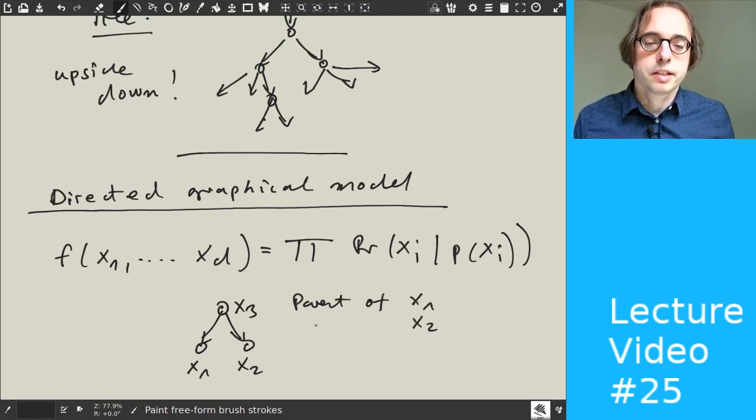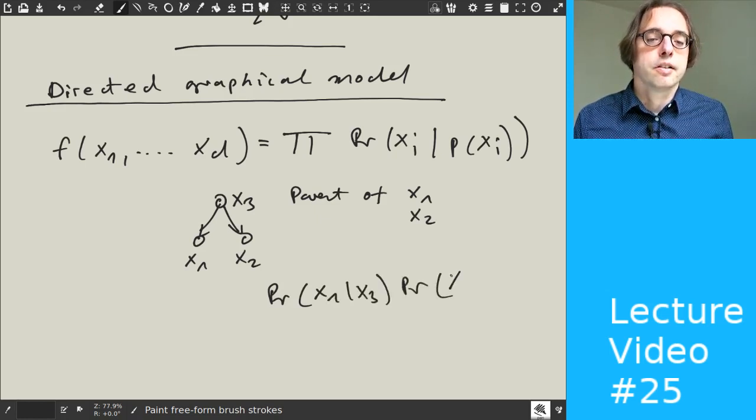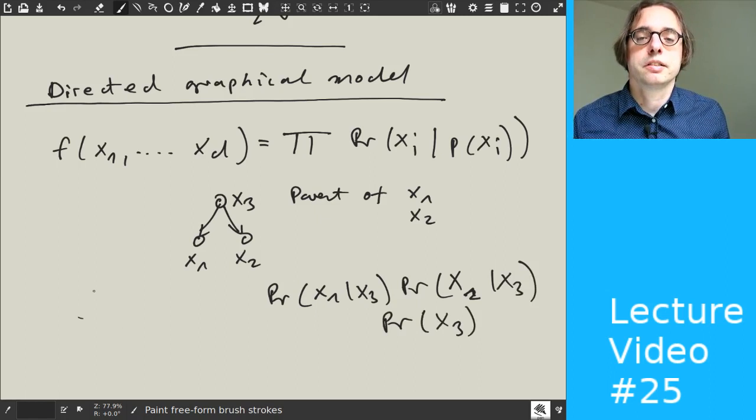So the joint distribution would be the probability of x1 given x3, times the probability of x2 given x3, times the probability of x3. So this is our decomposition of the joint distribution given this graph structure.